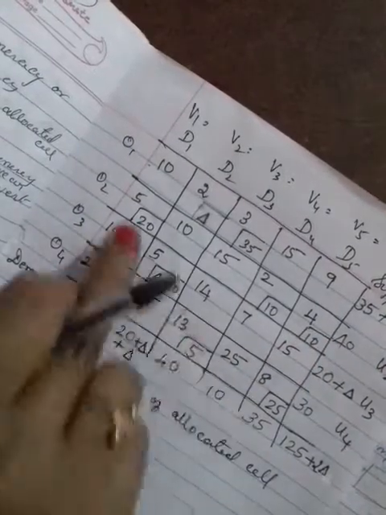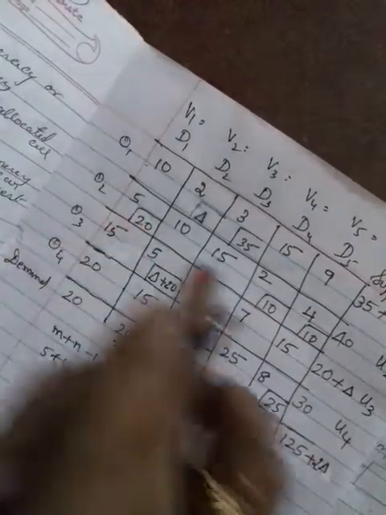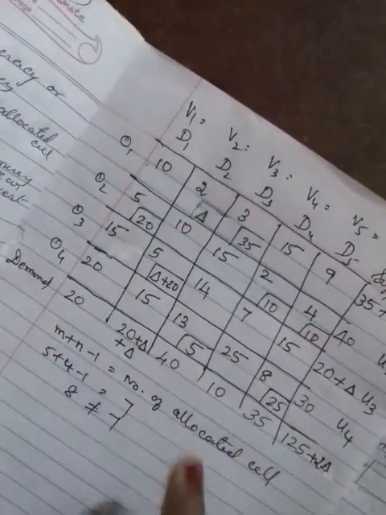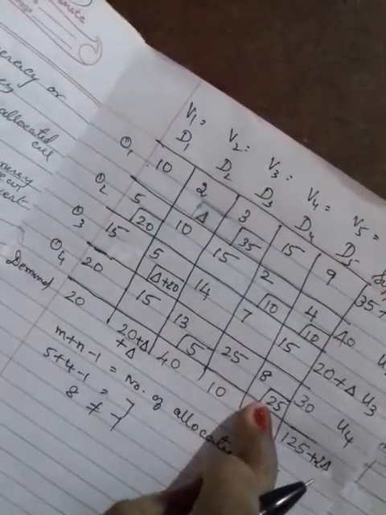Here it is 2 allocations, here it is 2, this is 1, this is 2, and you can select this cell. We can put 0 here because this row has the maximum allocations: 1, 2, 3. Here it is only 1, here it is 2. So for this one you can put 0. u2 is 0. Why did I select u2?